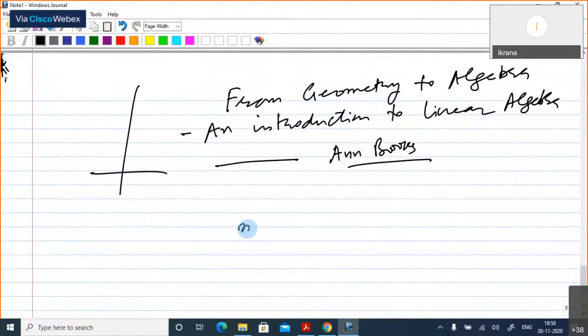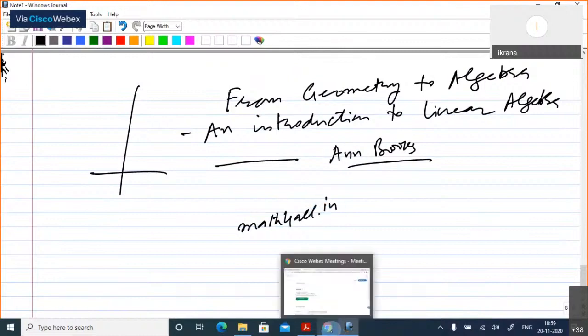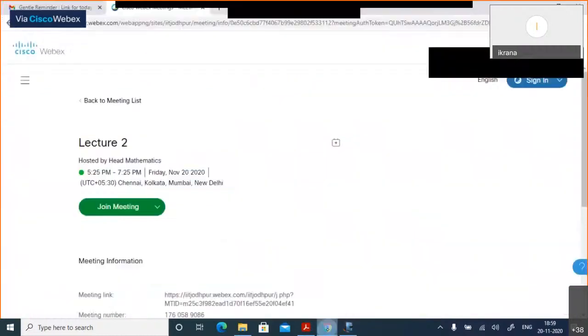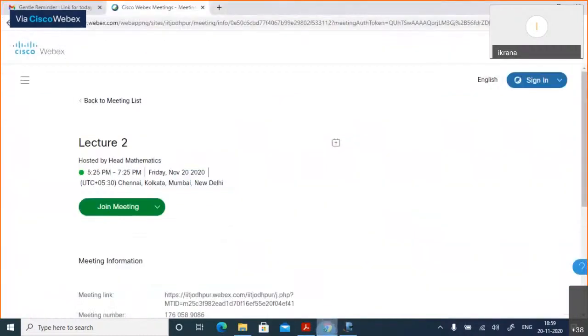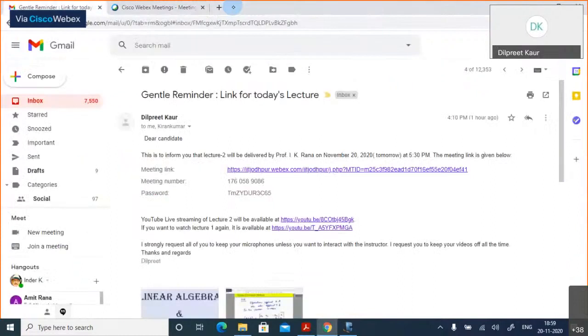That is one possibility. Or go to the site called Math for All dot in. Let me see if I can go there now and show you. How do I change?